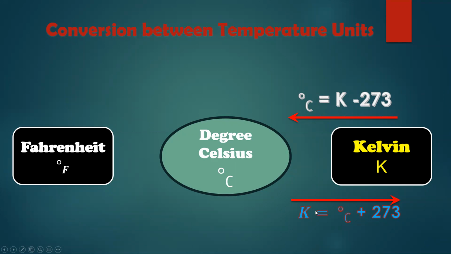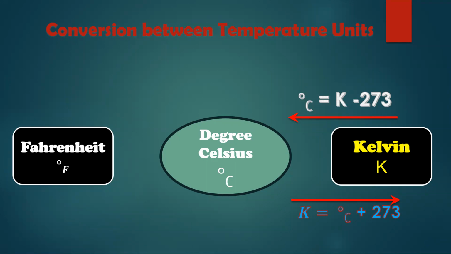What I mean here is, if you are given the degree Celsius and you are asked to get the Kelvin, just add 273 to the degree Celsius. And vice versa. If you are given the Kelvin and you are asked to get the degree Celsius, just subtract 273 from the Kelvin.